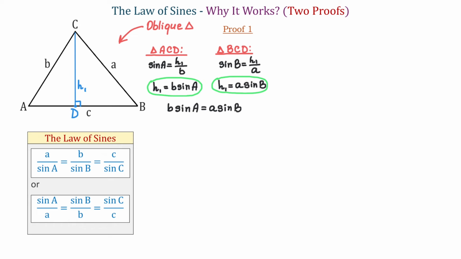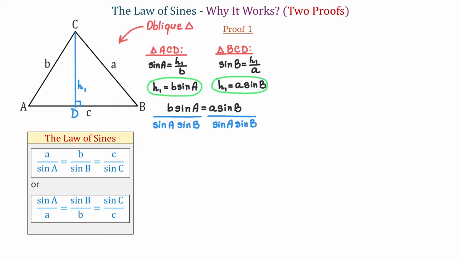Now, in the next step, we will divide both sides of this equation by sine of A, sine of B. So I will divide the left side by sine of A, sine of B, and I will do the same to the right.